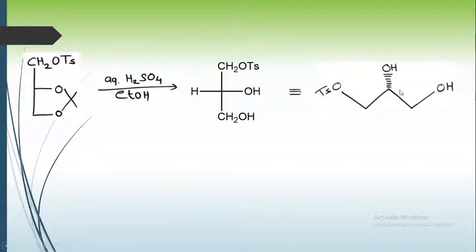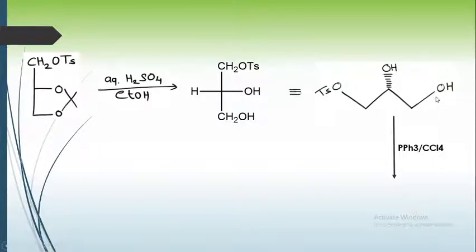The structure we can write like this. After this, the molecule reacts with PPh3 in the presence of CCl4, that is triphenylphosphine and carbon tetrachloride. It converts the alcohol into the alkyl chloride.